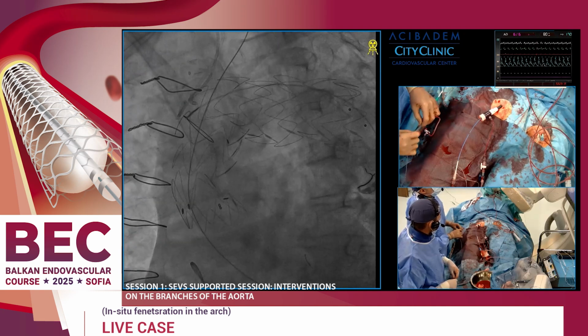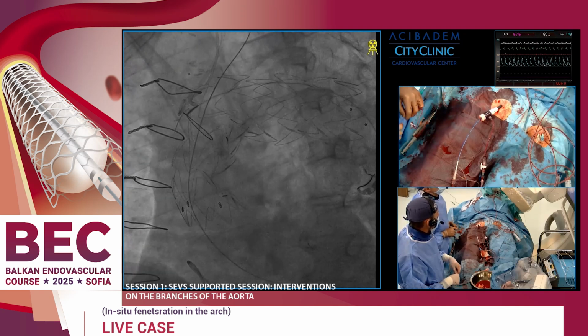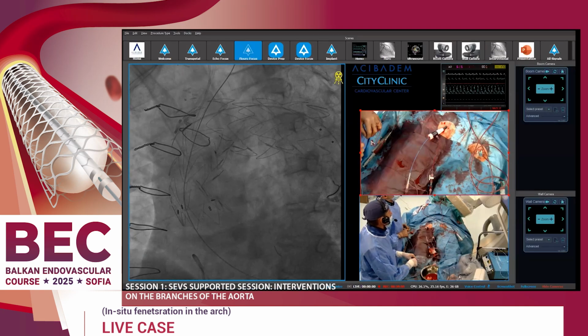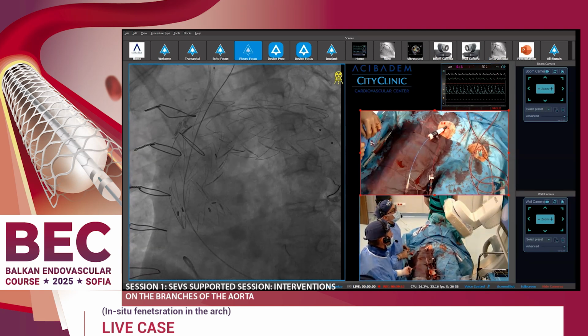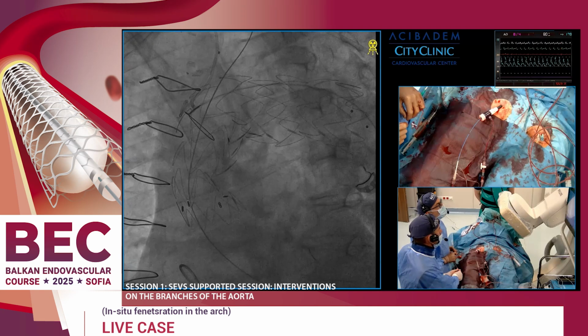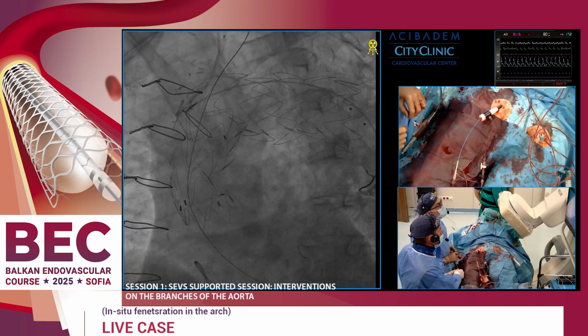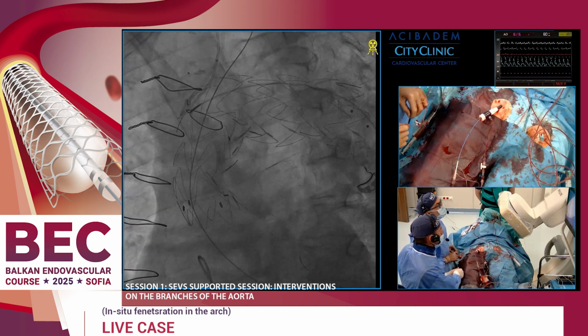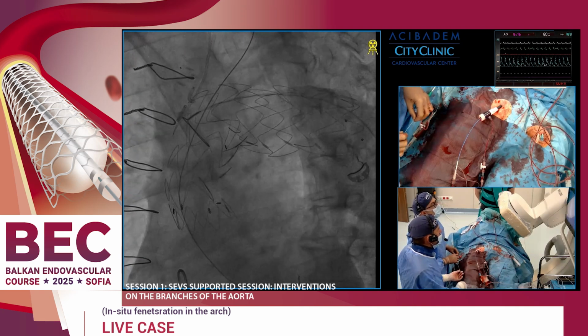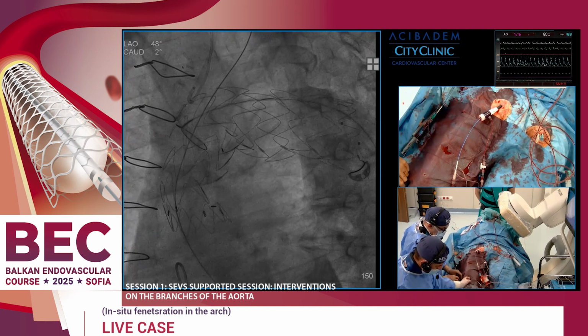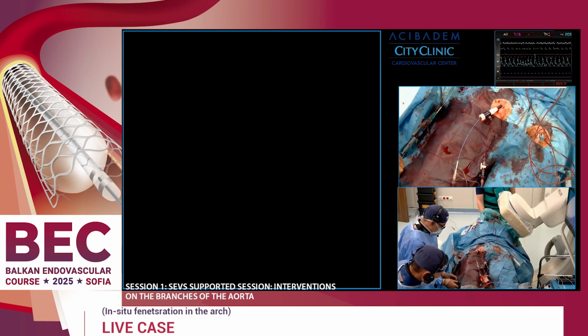And I will try to feel again if there is a... yeah. Okay. Let's proceed. So we have the Trailblazer big microcatheter, and inside the Trailblazer there is a small microcatheter.